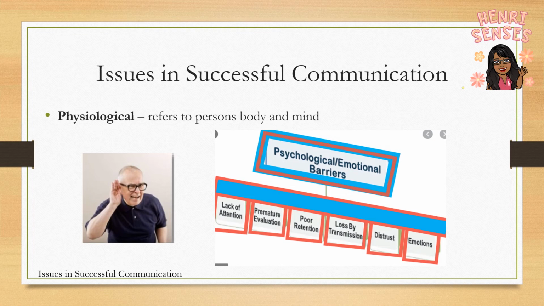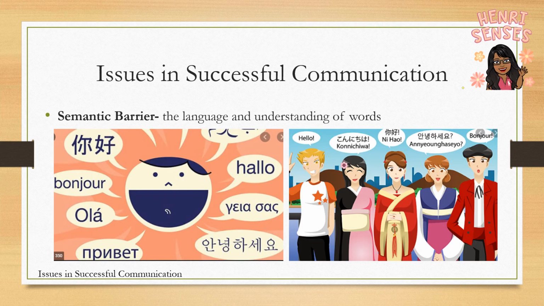And of course, hearing difficulties. These disabilities could definitely affect our perception and our communication process. So those are examples of physiological barriers.